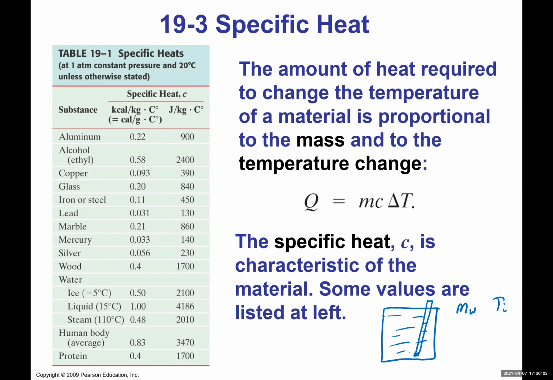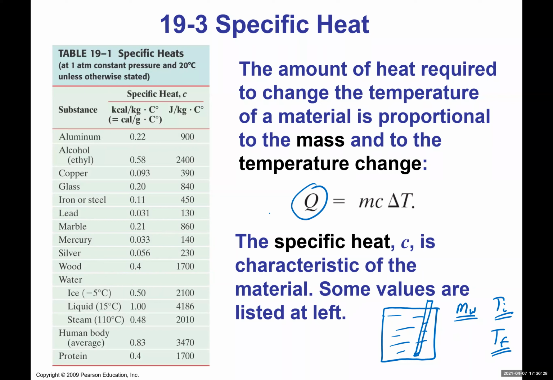That means the amount of water that I have, in terms of its mass, is becoming an important factor. The initial temperature and the final temperature, the difference, is also an important factor. So what we have here is this. Q is the symbol for heat.